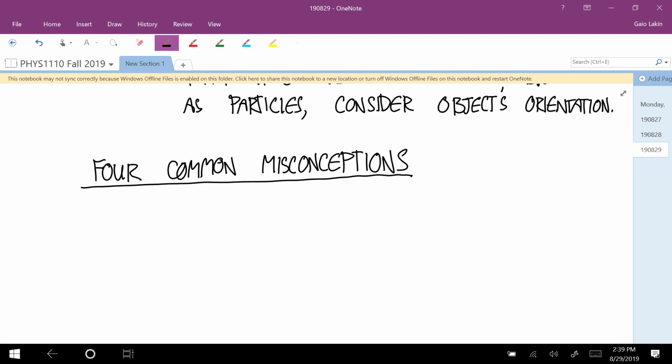The first one, and I'm doing these in order of when we're going to get to them in the class, is that gravity does not make heavy things fall faster than light things. Let me reword that. Gravity doesn't make heavier things fall faster.